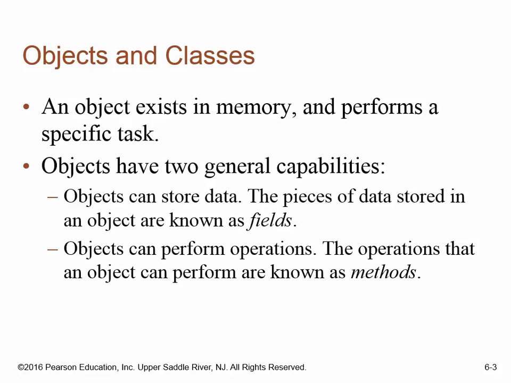So, an object is an instance of a class. An object, as mentioned there, exists in memory, and ideally, an object should perform a specific task. Objects can store data that are known as attributes, sometimes known as fields. Objects can perform operations, sometimes known as behaviors, sometimes known as methods.